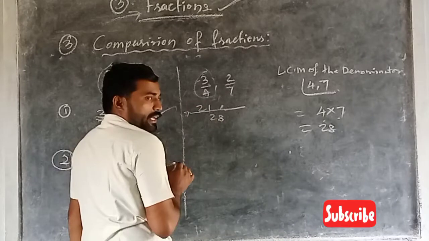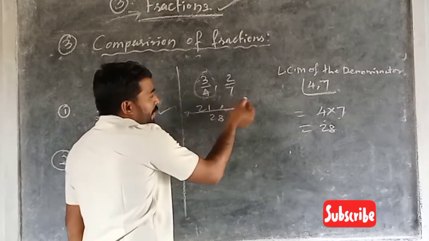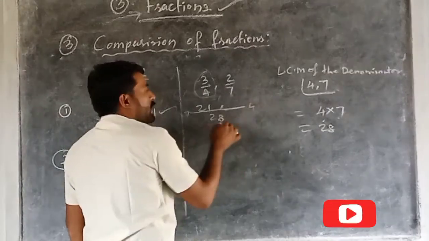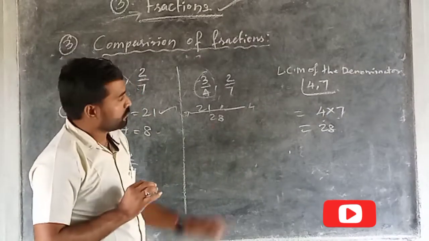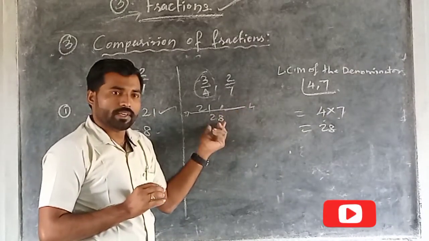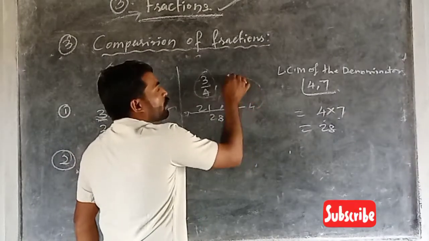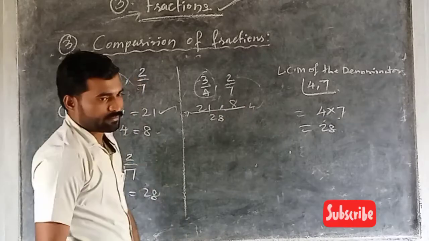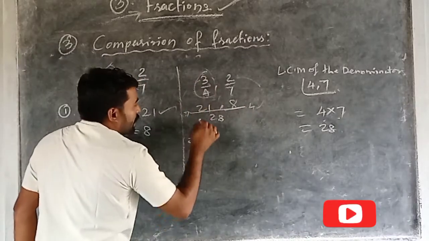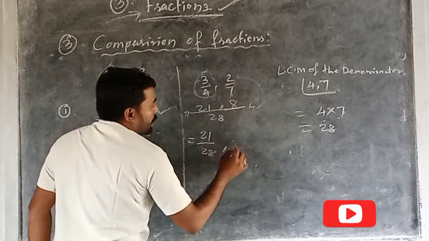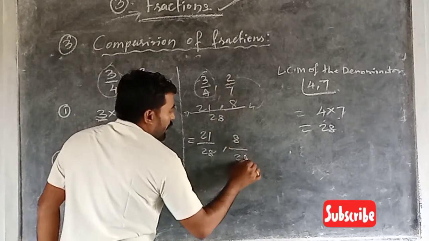What is our denominator here? 7. 7 times how much is 28? 7 fours are 28. Now multiply these both: 4 twos are 8. That means the first fraction is 21 by 28 and the second fraction is 8 by 28.